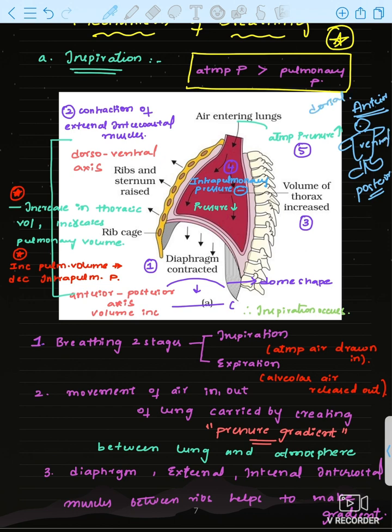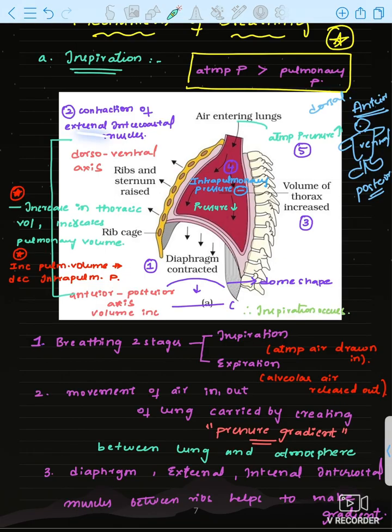Now imagine this is the front side. This diaphragm is like a dome shape like this. Now it is becoming flat like this, which means the anterior-posterior axis volume has increased due to contraction of the diaphragm.